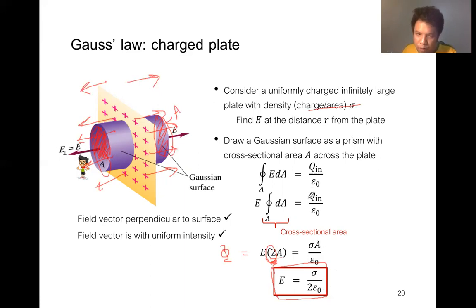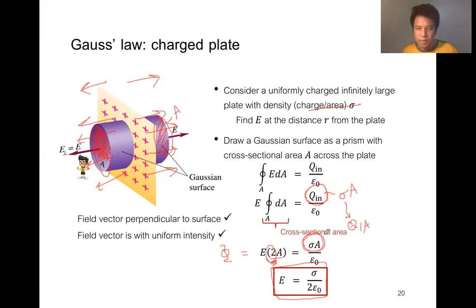On the right-hand side, the Q in can be written in terms of sigma A, because Q in is the charge, and sigma is the charge per area. So sigma times A will give you the charge.